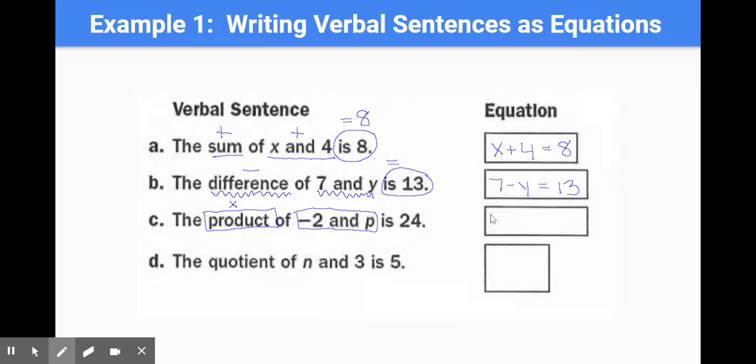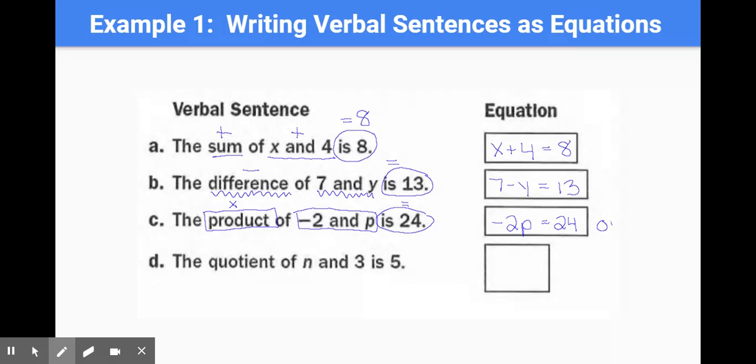I don't want to get confused whether x is representing multiplication or whether it's representing a variable. So instead, you can just say negative 2p. If there's nothing in between a coefficient and its variable, it's implied that multiplication is going on. So negative 2p really means negative 2 times p. Then I have this last part that says is 24. Again, that just means equals 24.